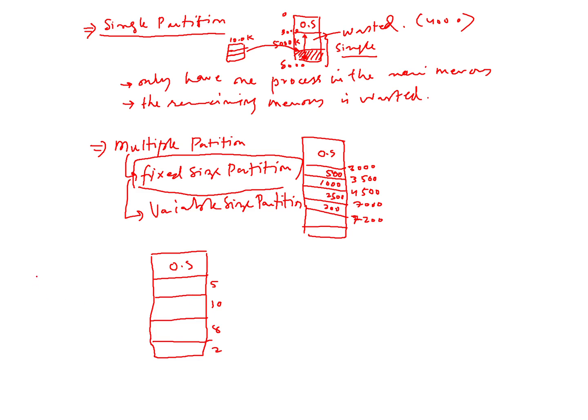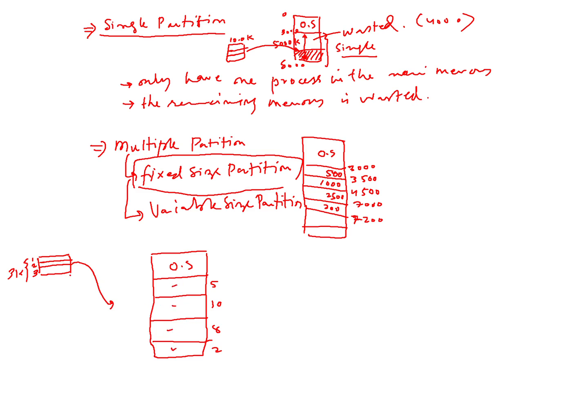Now suppose I receive one process which has three pages, 1, 2 and 3, with 3k of data to store. What will happen is that we'll see which partition is appropriate to fit this. Here this is 2, this is 10, and this is 8.